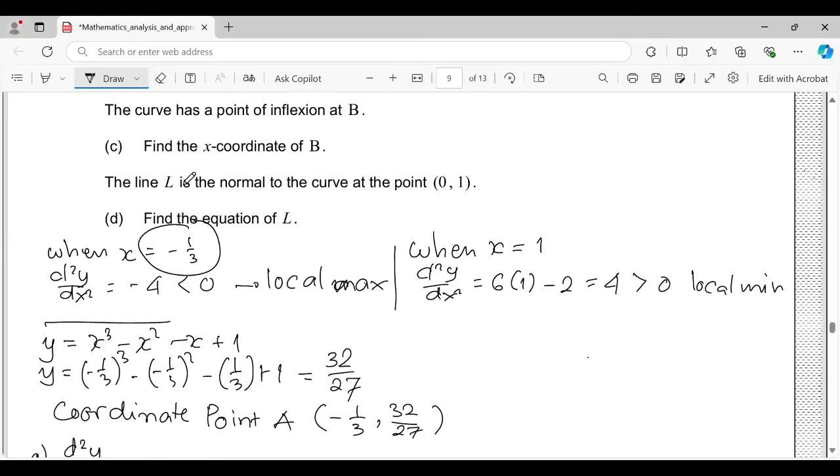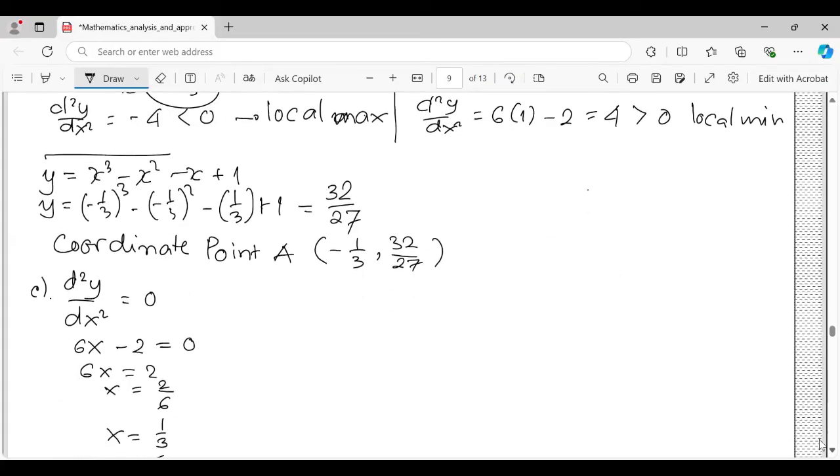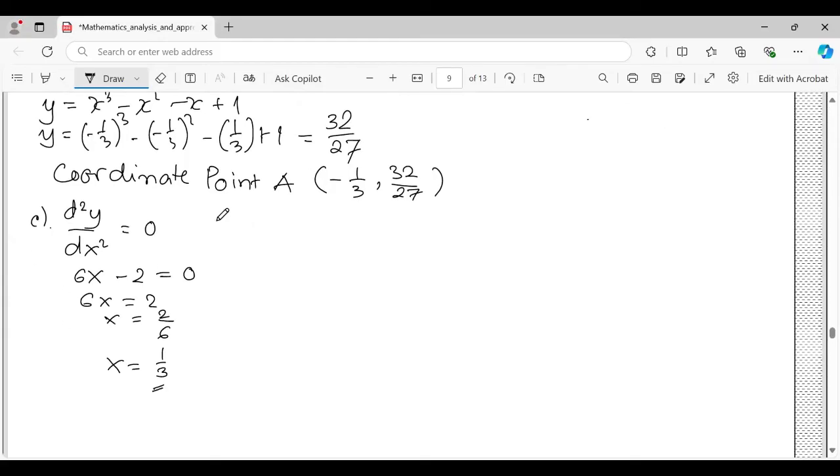Okay, the line L is the normal to the curve at the point 0, 1. Okay, find the equation of L, right? I will explain first the difference of tangent and normal.